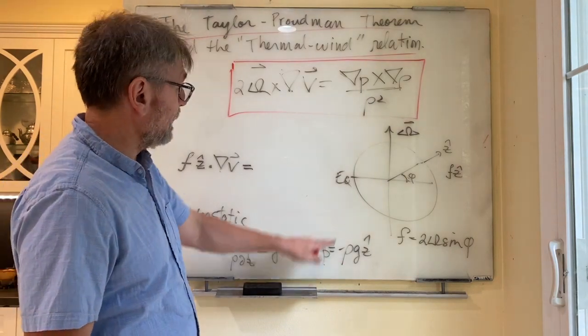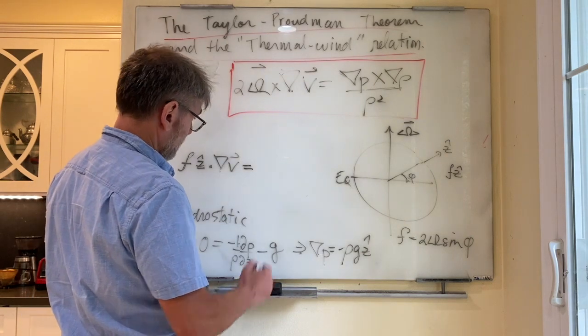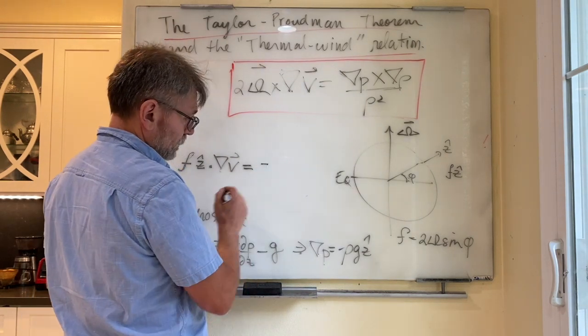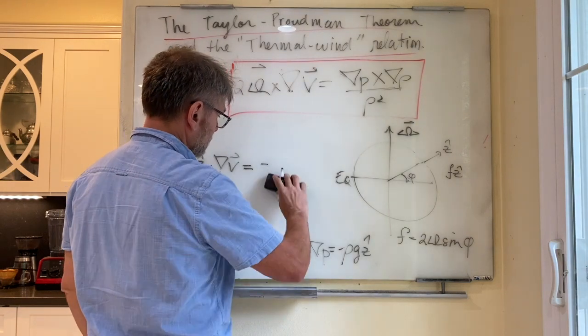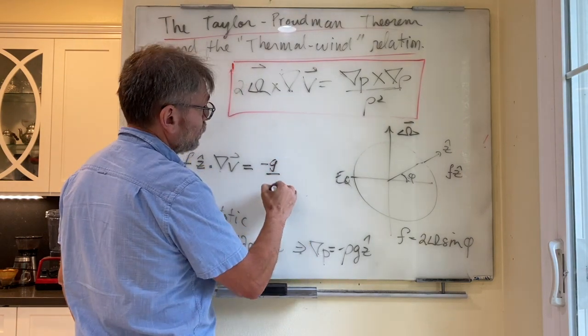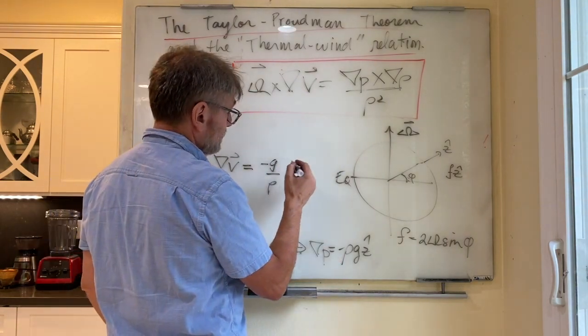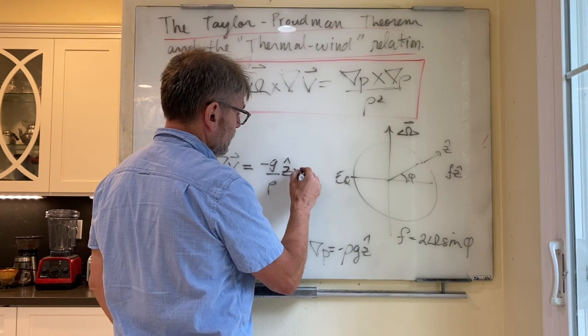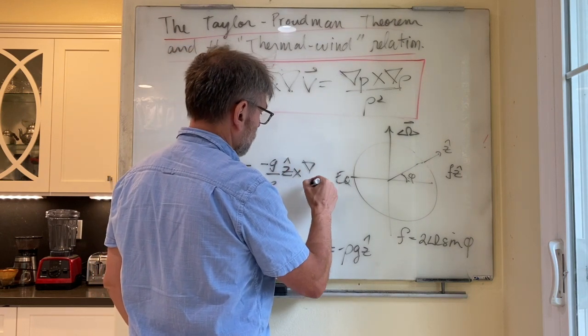If I substitute grad P for that in here, what I'm left with is minus g over rho. One of the rho's will cancel. Z hat cross with grad rho.